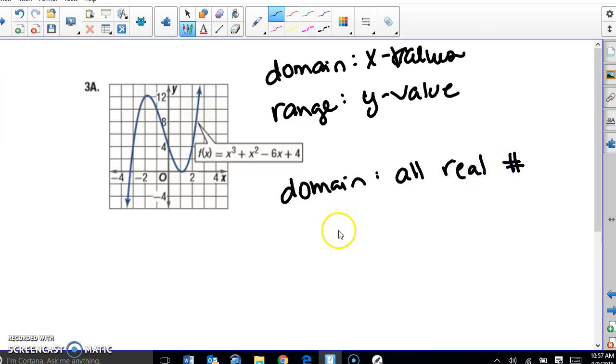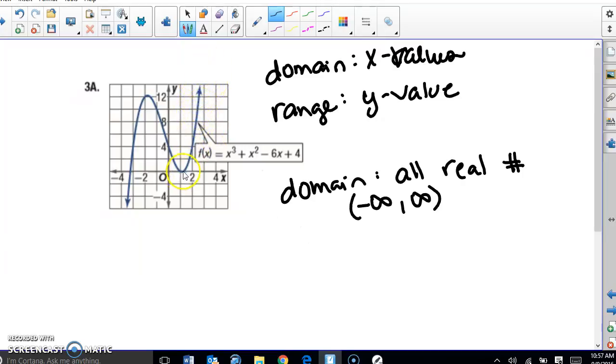So in interval notation, I'm going to go from negative infinity to positive infinity along my x-axis. And then looking at our range, we don't have any limitations, even though we have a maximum point here, because the sine is continuing to go up, all the way to positive infinity.